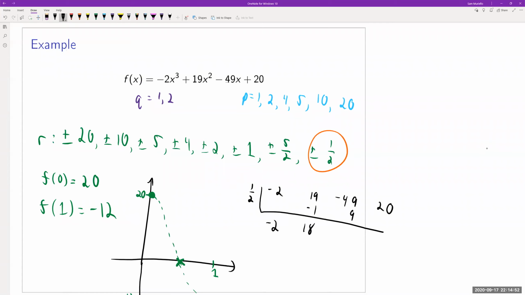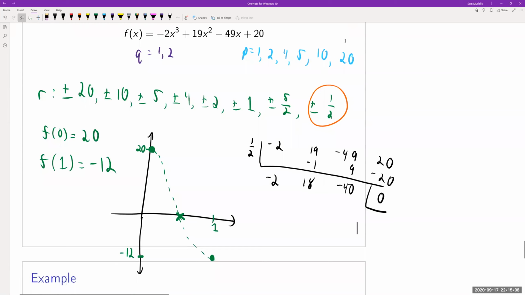Multiply here, 9, minus 40. Multiply here, minus 20, 0. Remember, we were expecting this 0 because we knew that the only possible answer between 0 and 1 was this root. And if it was going to be a rational root, 1/2 was the only choice.